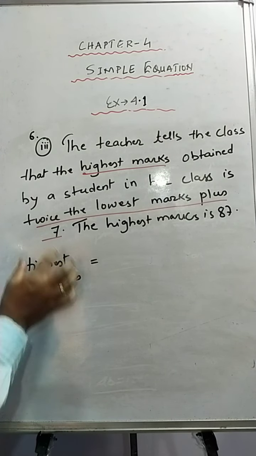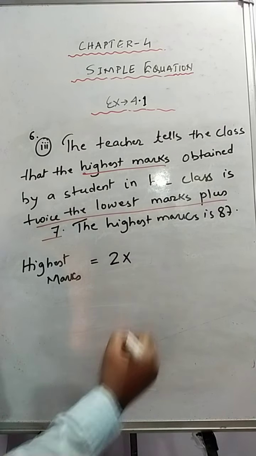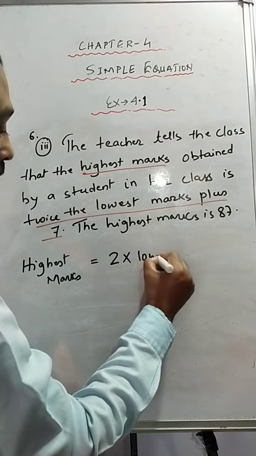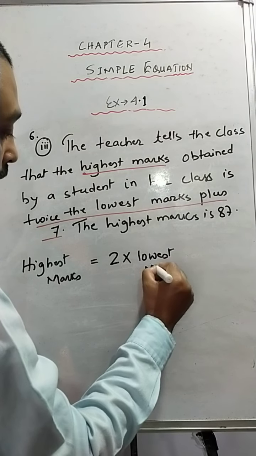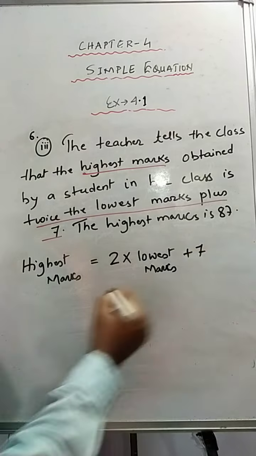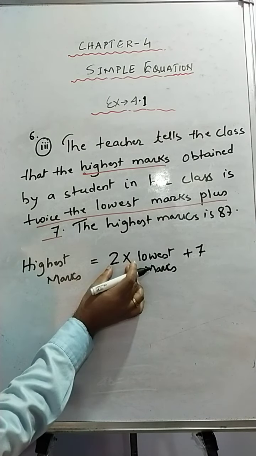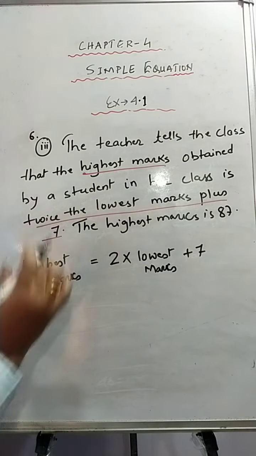That is, highest mark is twice the lowest mark. Twice the lowest mark means 2 into lowest marks plus 7. So this is your required equation, students.